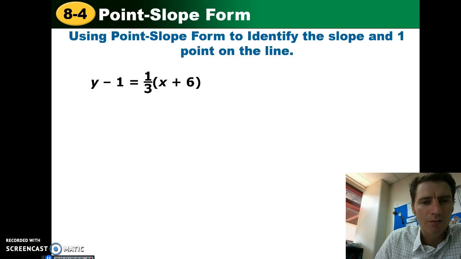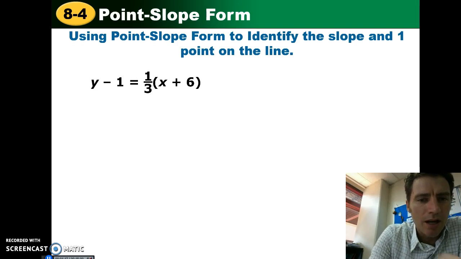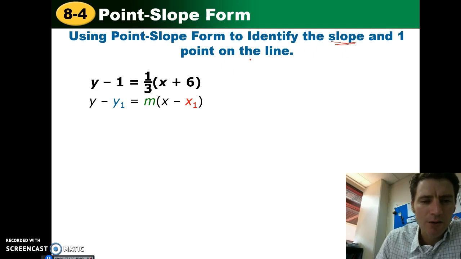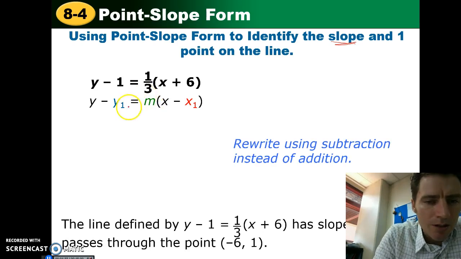So here we go. y minus 1 equals 1/3 times x plus 6. We want to identify the slope and one of the points on this line. Well, it's really easy in this format because we know m is slope. If m is slope, then our slope equals 1/3.